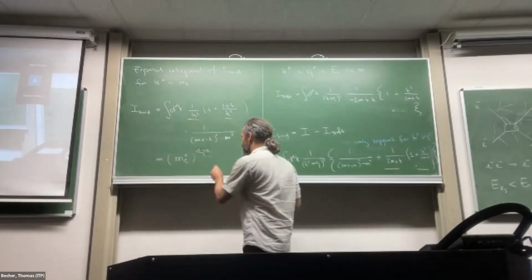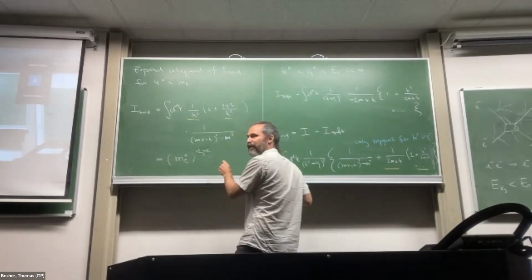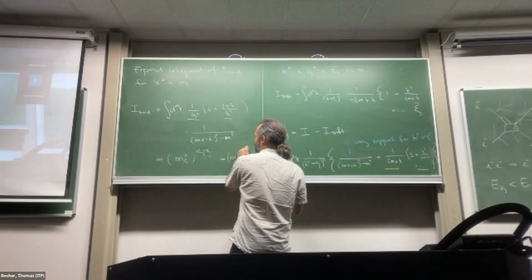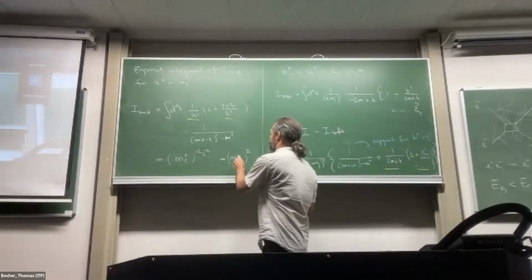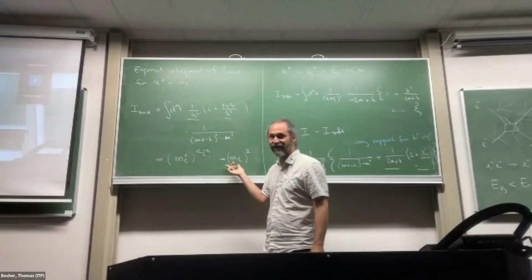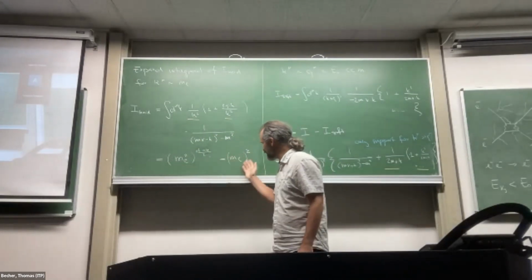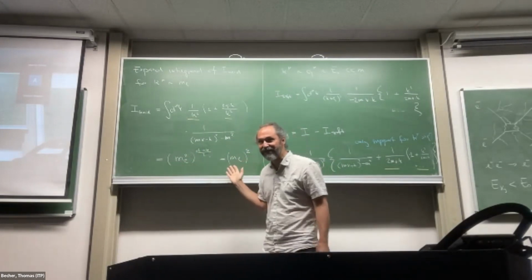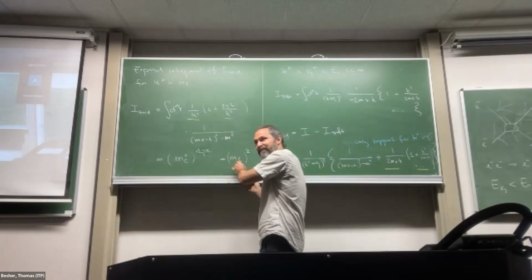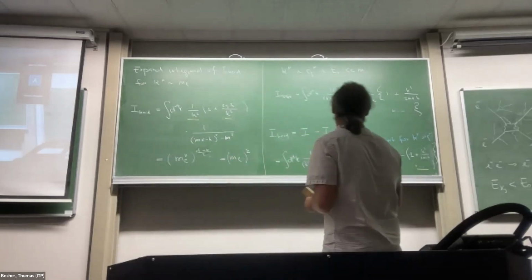So this goes like the electron mass to the power epsilon. So it's non-analytic in the hard scale. This is also typically something which goes into the Wilson coefficient. The divergence in the Wilson coefficient is 1 over epsilon times the electron mass. This is exactly the contribution to the Wilson coefficient.